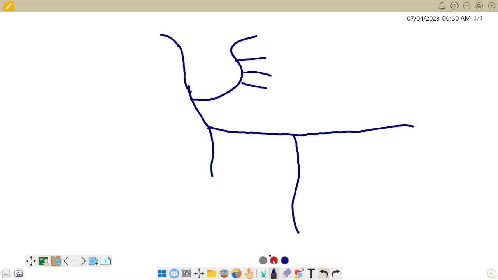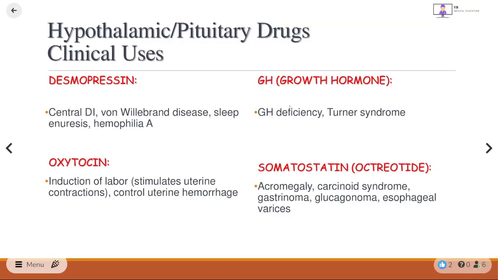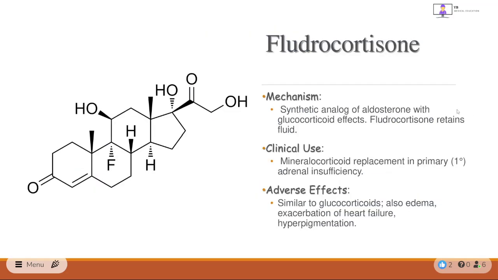So if somebody has esophageal varices in the esophagus, we could use octreotide to vasoconstrict the portal vein or the splanchnic vessels to decrease the portal hypertension, so to lower the effect of portal hypertension on esophageal varices. And I think we already talked about that in the GI section. It's very high yield.